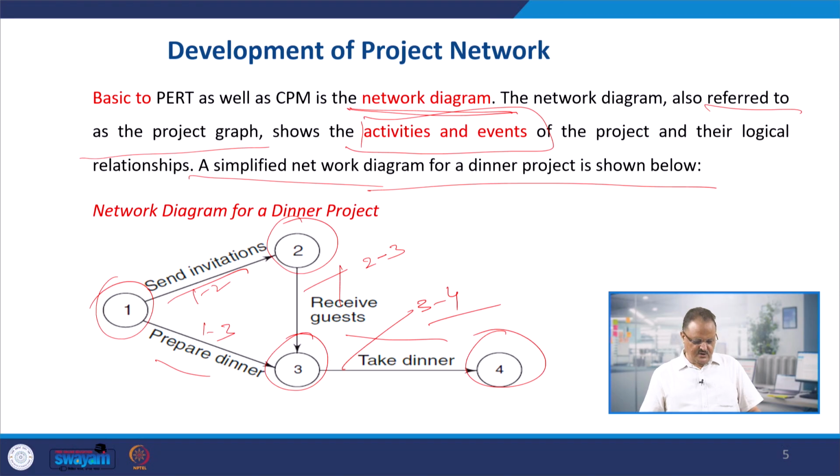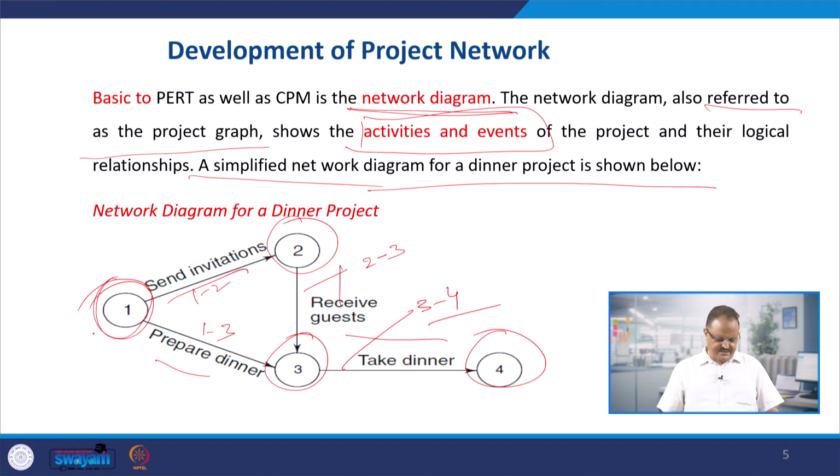Dinner is also a good project these days, and with the help of PERT and CPM, we can develop such structures which help us understand how many different activities are involved in this venture and how many events we are going to start or complete, so that we can successfully start and complete. When you talk about PERT and CPM, PERT is basically event oriented.